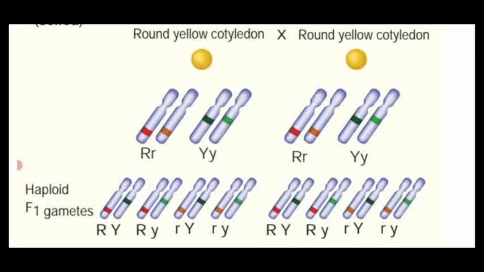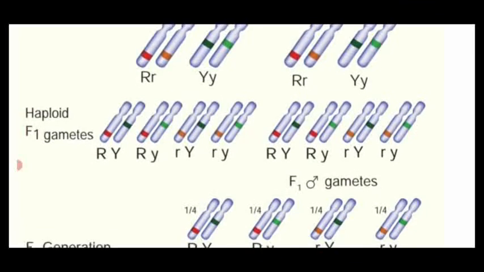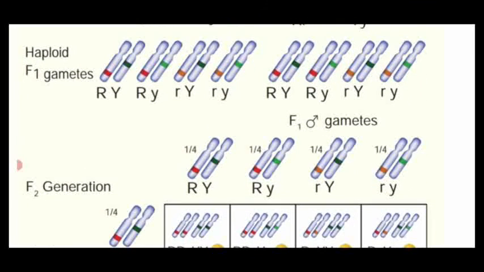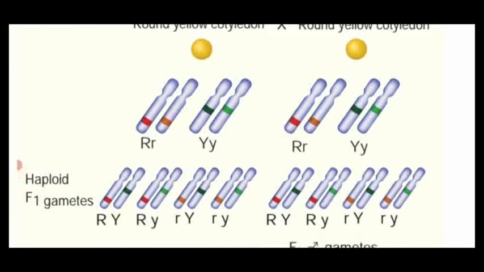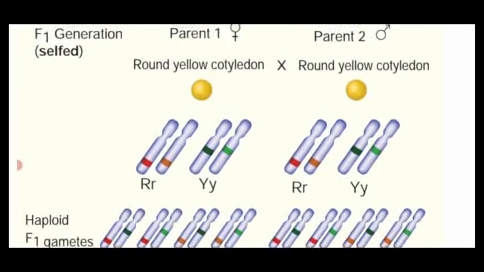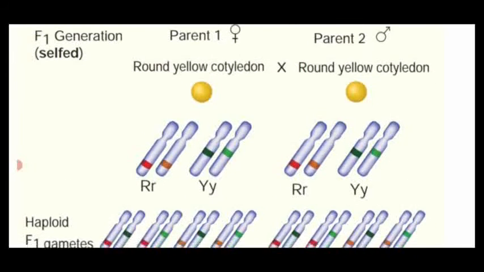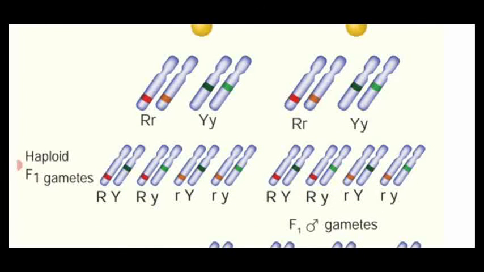Capital R, small r, capital Y, small y. Likewise, capital R, small r, capital Y, small y. So these are all the different alleles which are present in the genes. They are segregated individually in the F1 gametes. So this round yellow cotyledon of a female parent produces the 4 gametes.